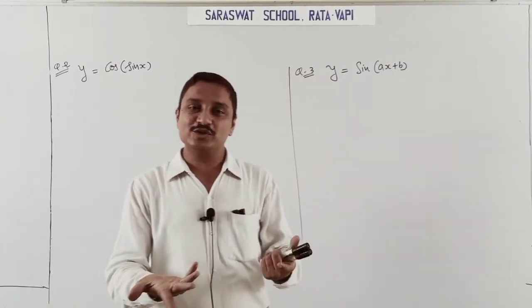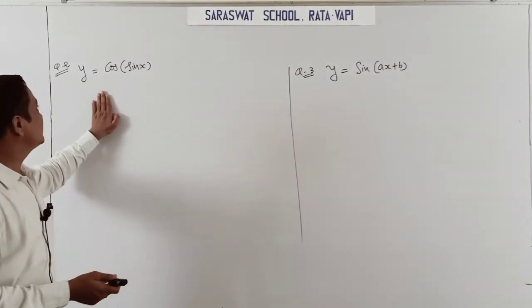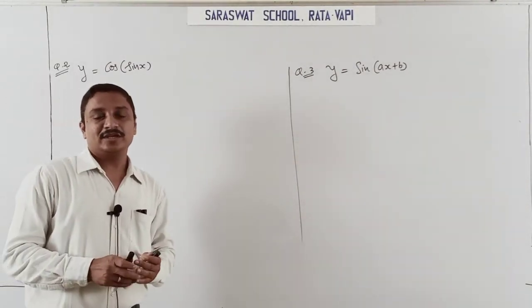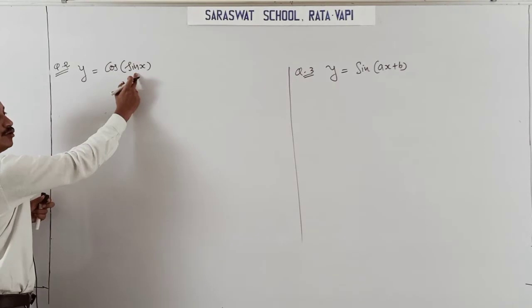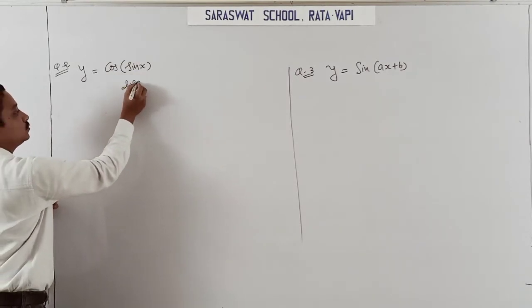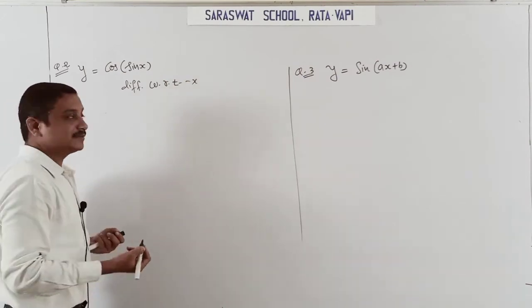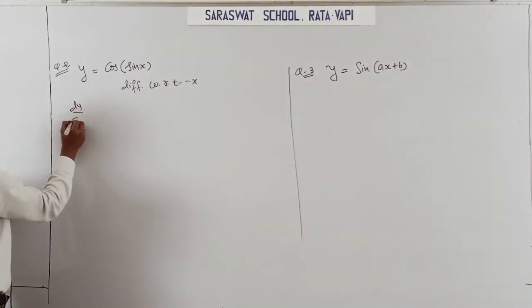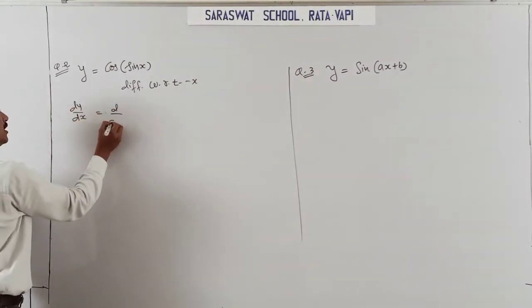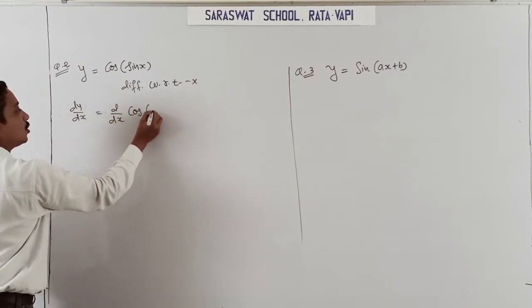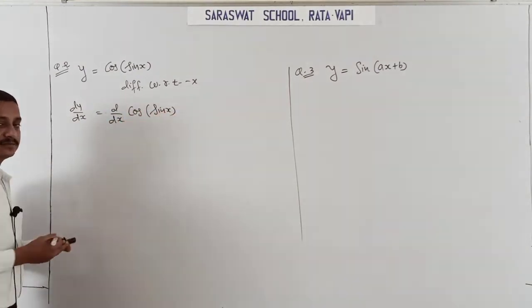Continue, students, slowly. I go into question number 2nd and 3rd. Here also a composite function is given, sin and cos, differentiation with respect to x. So dy by dx, and here d dx of cos with sin.